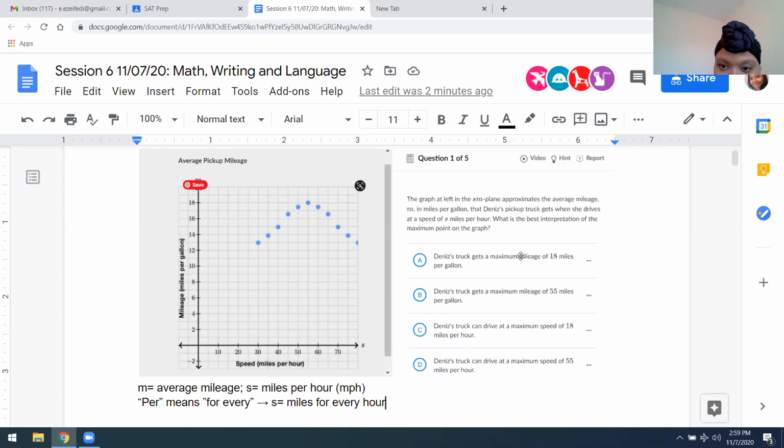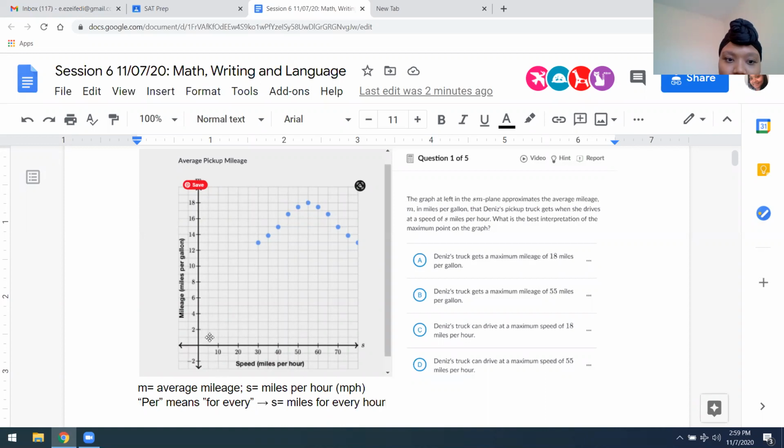Not just what the graph is telling us, but rather what is the highest point of the graph. So we see that S is miles per hour. But then what's along the y-axis, or the m-axis in this case, is mileage, or miles per gallon.